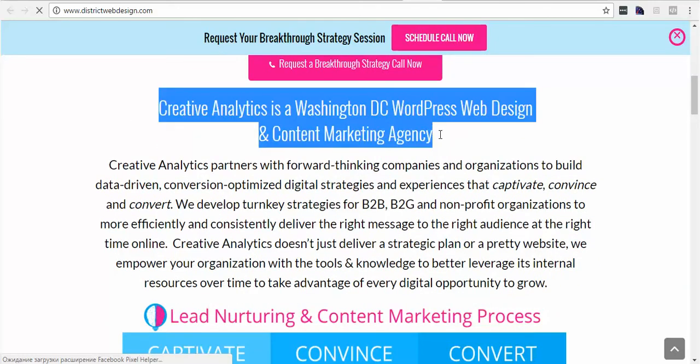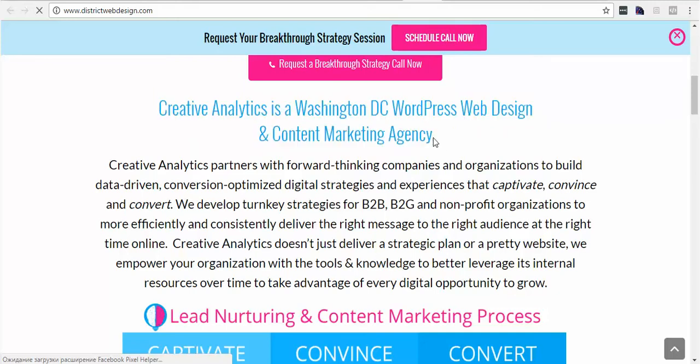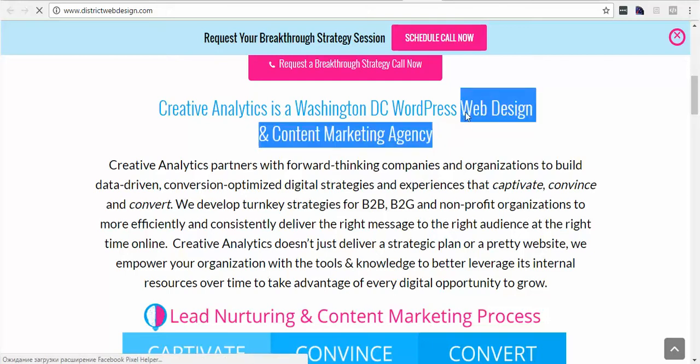Okay, so let's look at this. So this headline here should be more benefit oriented and less about what you are and who you are. And actually here you're running into probably a little bit of a positioning problem, because someone landing on the page is trying to figure out who you are and what you do. They're trying to classify you in their head.